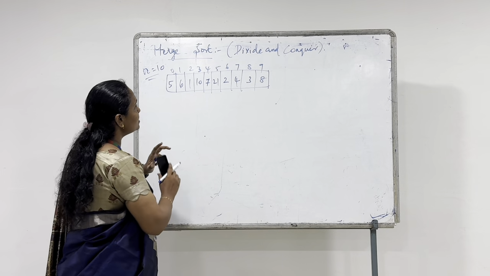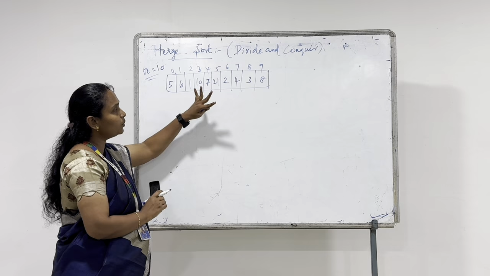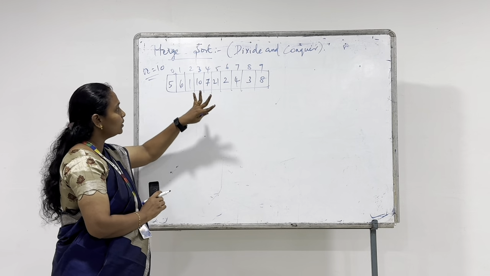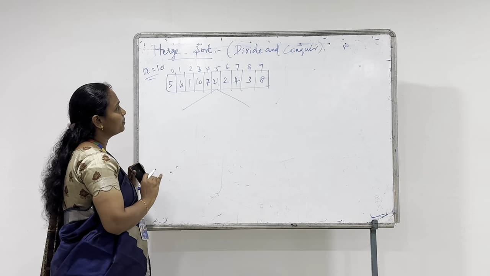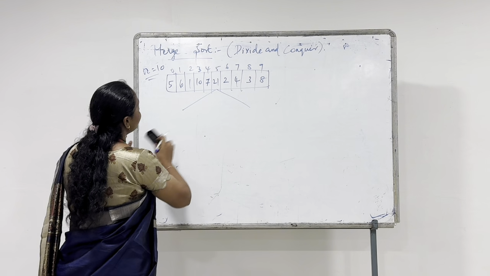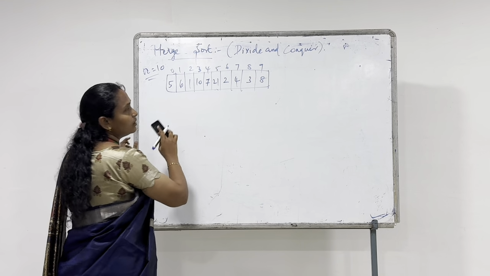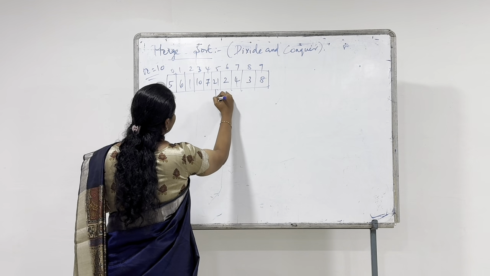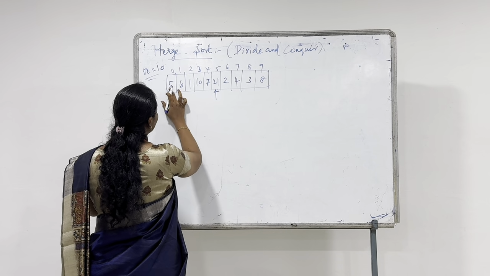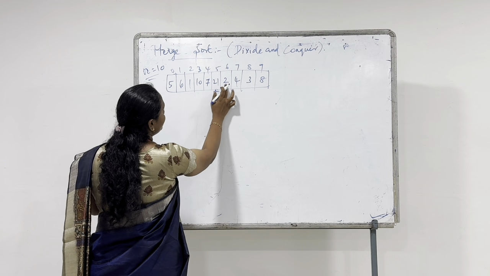Divide and conquer means we are going to divide an array into two equal parts. How can we divide this array into two arrays? By taking a midpoint. The midpoint of this array is this 5: 1, 2, 3, 4, 5, and 1, 2, 3, 4, 5.